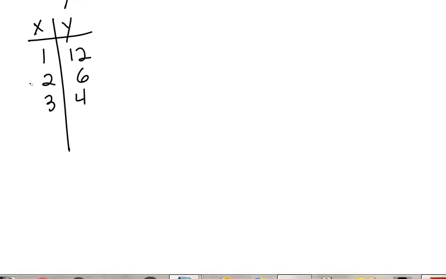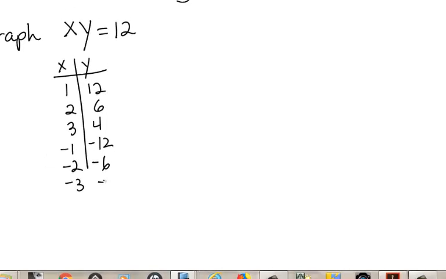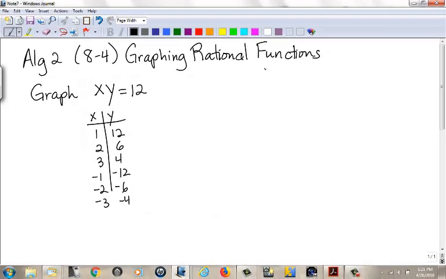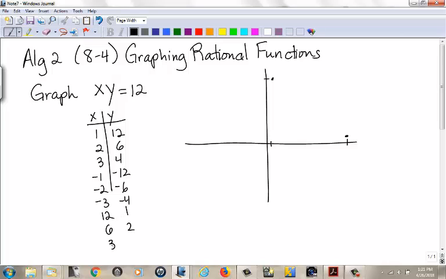And then we could also go the negatives. You could go -1, -12, -2, -6, -3, -4. What that's going to graph, if you do 1 and 12, and you say 1 to the right and up 12, we'd be up here. If you said 12 to the right, we could go that one too. 12 and 1, 6 and 2, 3 and 4.